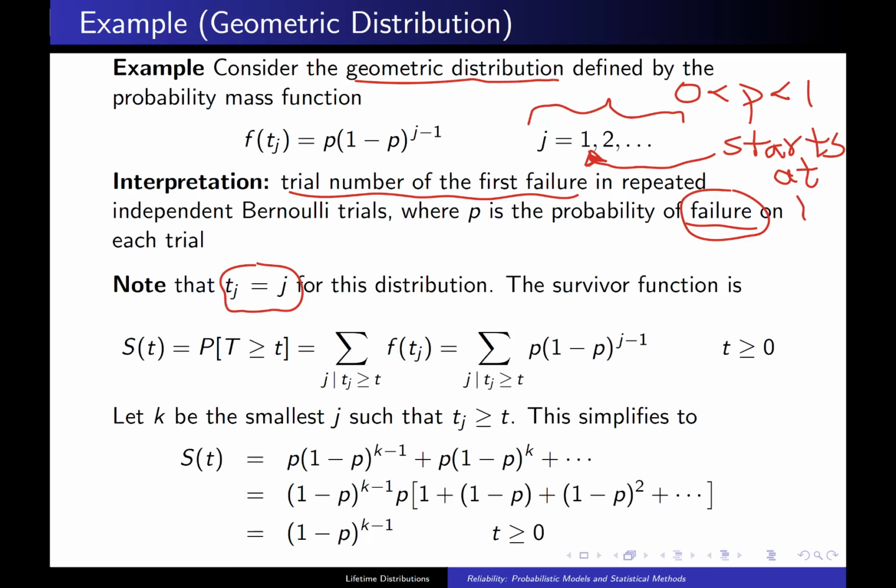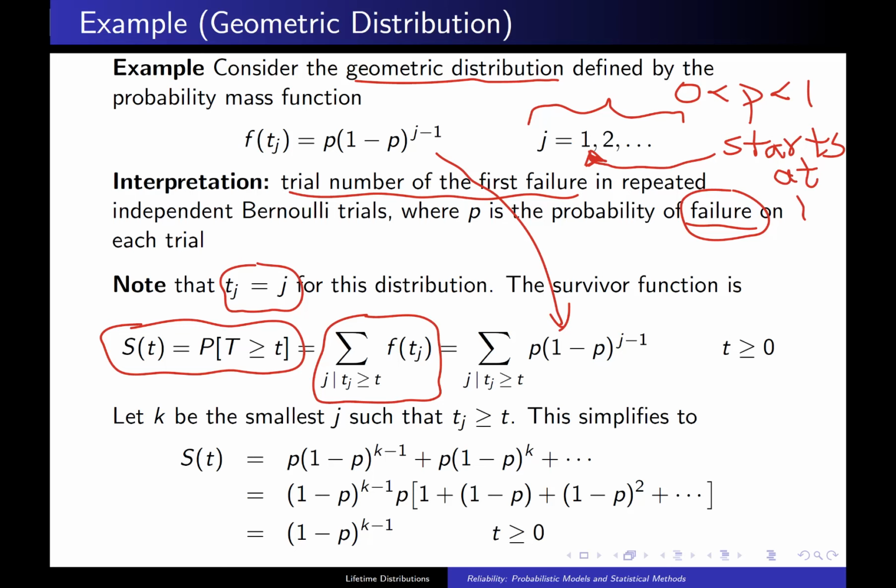Well, the survivor function in this case is defined exactly the same way in the discrete and continuous cases. However, for a discrete random variable, rather than being an integral, it is a summation. And so all we have to do is take that geometric probability mass function, place it in the summation, and that's as far as we can go.